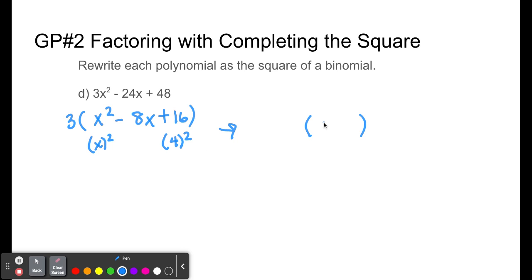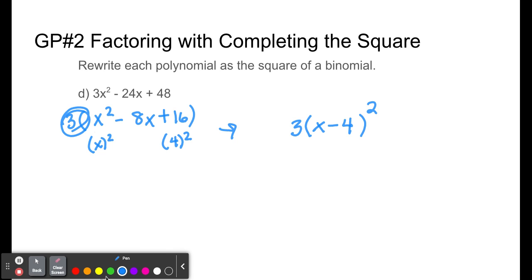So f is x and g is a 4, not a positive 4, but a negative 4 squared. And then that GCF that we took out always appears at the beginning of the binomial.